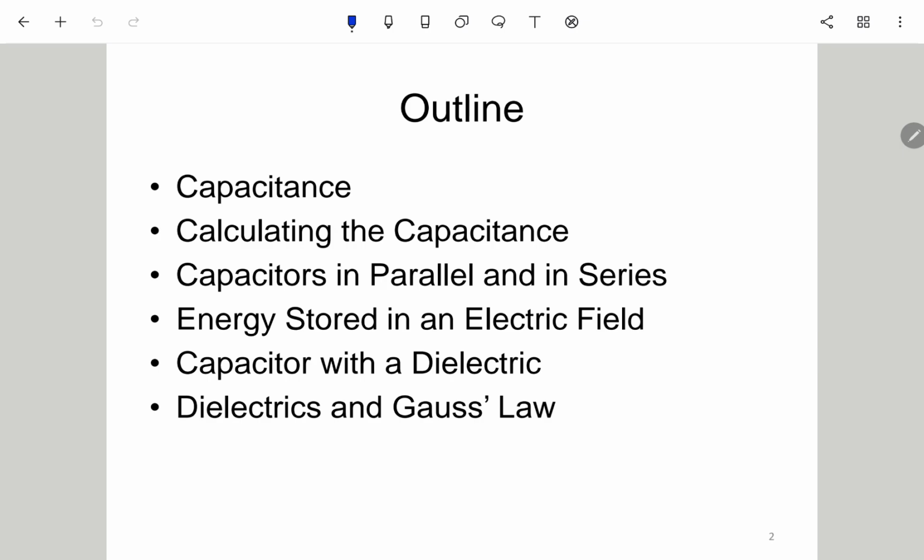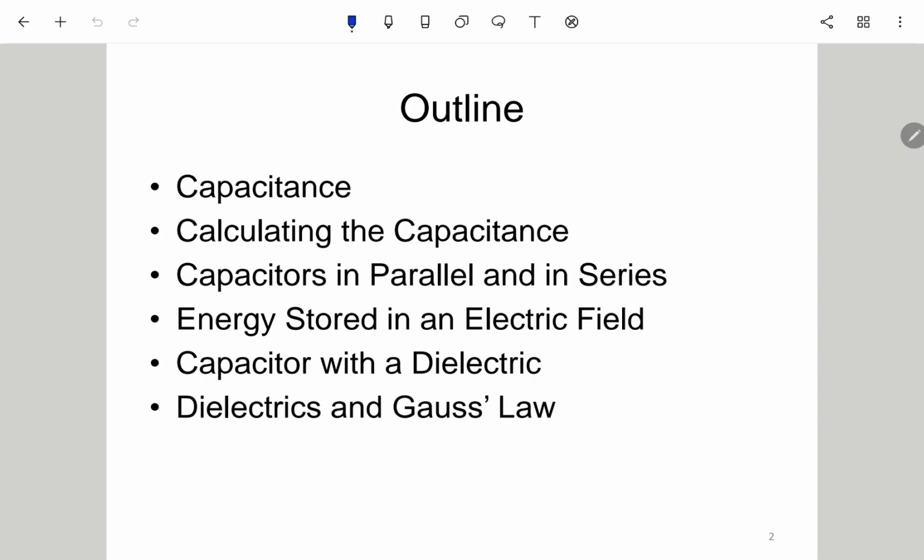Okay, and then we'll talk about the capacitor with dielectric. Dielectric, 叫做电介质. It has different characteristics from air. There are some interesting properties of the dielectric, and it will slightly modify the Gauss law, so the epsilon naught will turn into an epsilon.